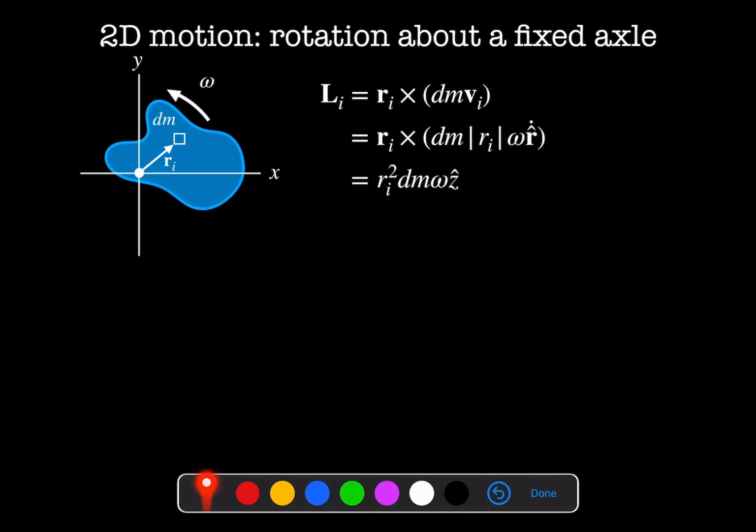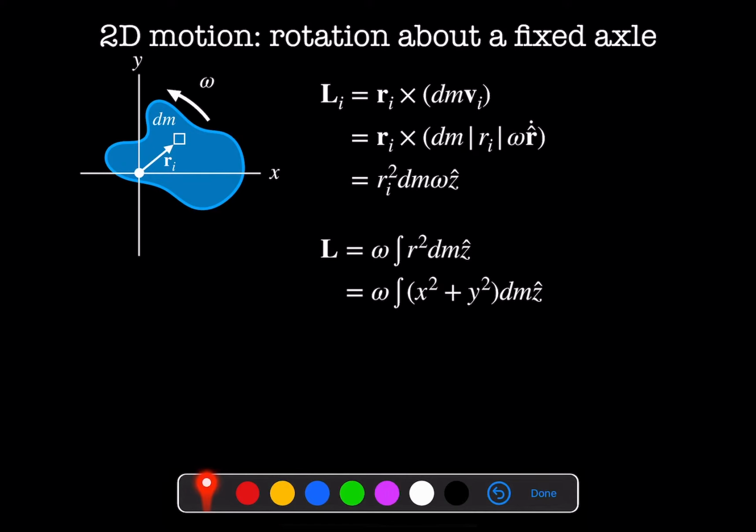When we take this cross product, we end up with r_i squared times dm times omega, and this is pointing in the z hat direction, in the same direction as omega. To get the total angular momentum for this system, we need to integrate across all possible mass elements. So that gives us an angular momentum that is omega times the integral of r squared dm.